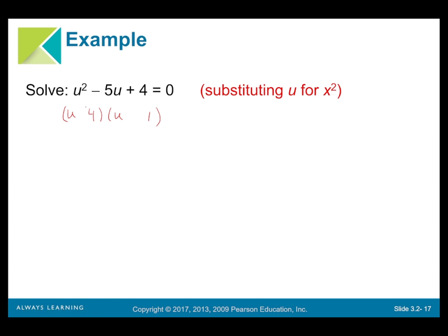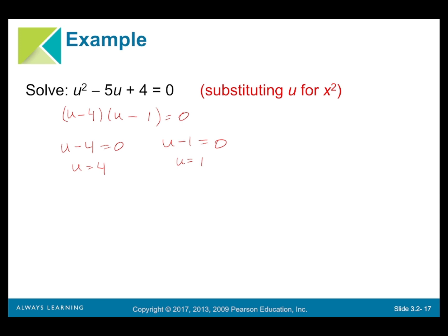I have a minus in my middle term, so that's a minus and a minus. And this all equals 0. So now I get u minus 4 equals 0 and u minus 1 equals 0. Solving each of these, I get u equals 4 by adding 4 to both sides. And over here, I get u equals 1 by adding 1 to both sides. So now I was actually able to solve this function.